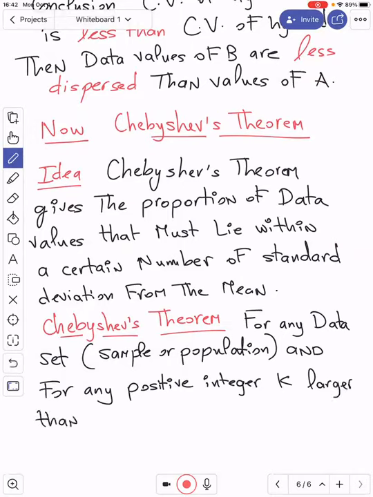When I say integer, I mean a positive whole number, right? So k could be equal to 2, for example, or 3, or 4, or 5, etc. It's just a positive whole number larger than 1.